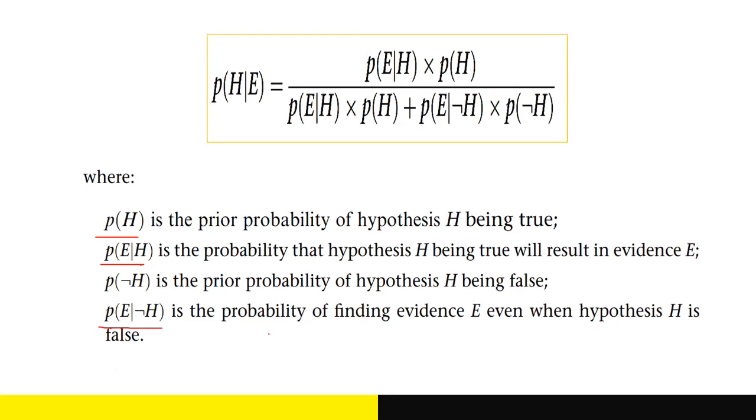So it is the probability of finding evidence E even when hypothesis H is false, multiplied by the probability of not H. It is the prior probability of hypothesis H being false.